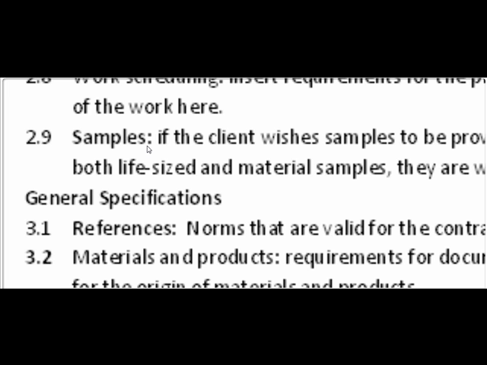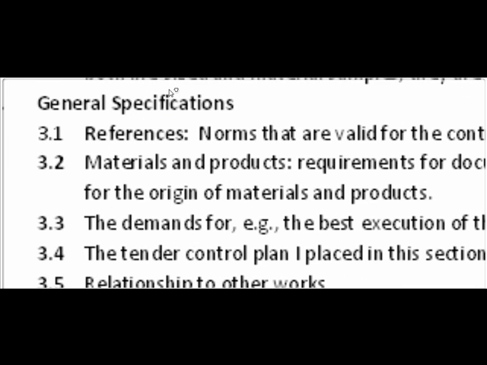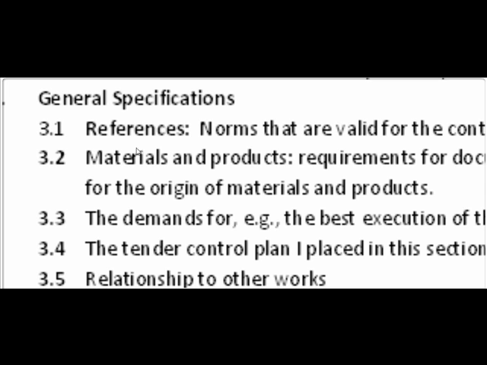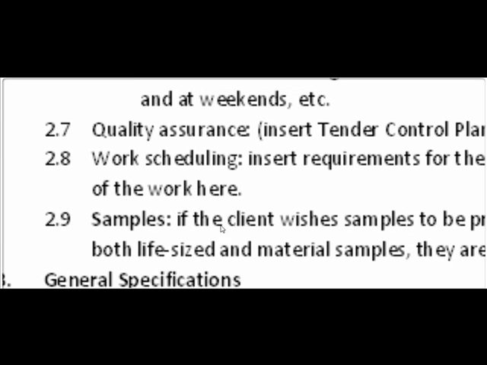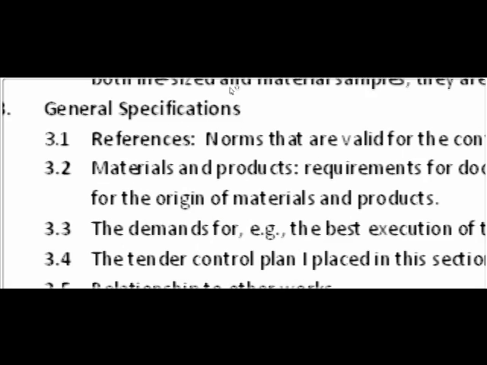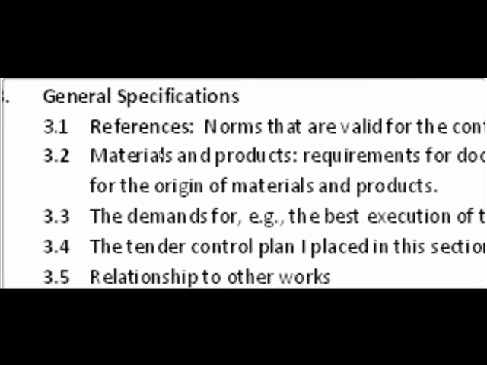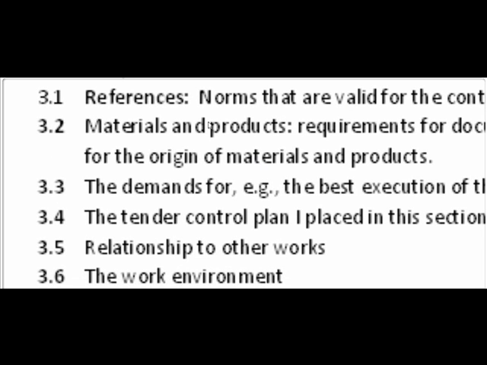Whereas section 3 here is about references. So this first section is about what he has to do and what he has to price. And section 3 is about how he has to do it. In other words, all the norms that are valid for this particular contract must be mentioned here under references. And all the materials and products, if they have to come from a specific supplier, for example, a supplier that's connected to some sort of quality assurance system, it has to be mentioned here.